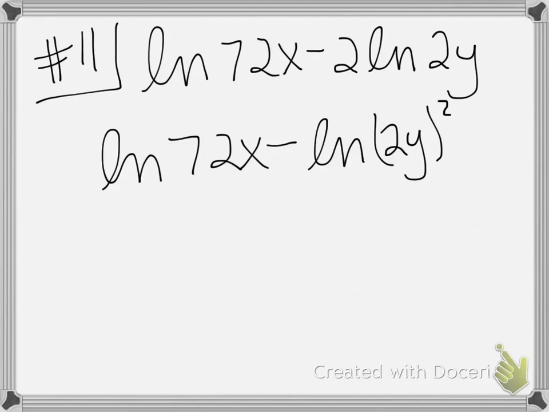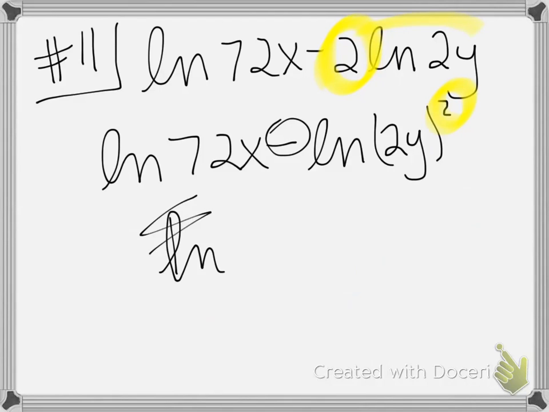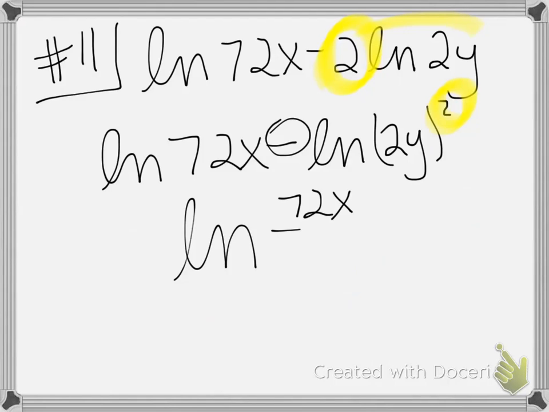For number 11, we are again condensing this. The first thing I did was I took this 2 right here and I moved it to the power. So now my 2y is to the second power. Once you do that, it's not so bad because subtraction becomes division. So ln, I take the 72x divided by the 2y to the second power.